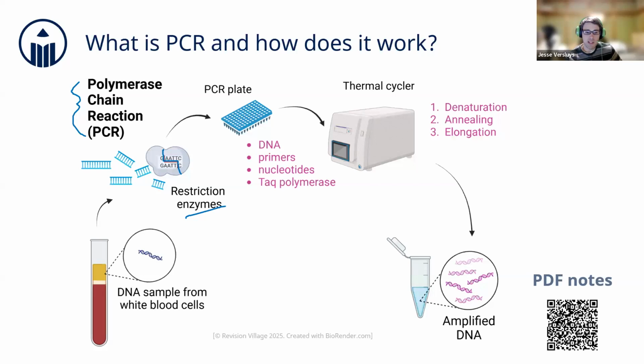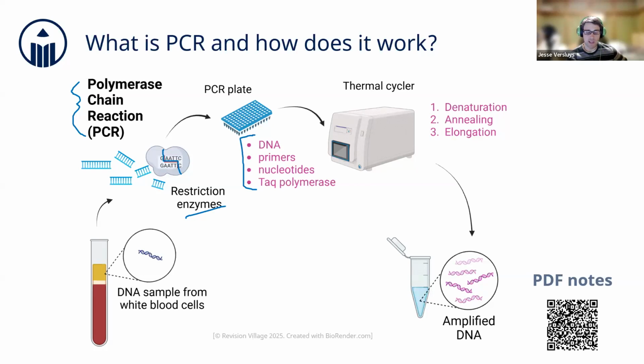Then those samples are placed into a PCR plate, and there's usually a whole bunch of little wells where they're added. And that contains a bunch of different ingredients. Those are the DNA sample itself and some primers. Those primers are specific to be added that are a little bit different from the kind that we'll see in the cell division type. Then we've got free nucleotides.